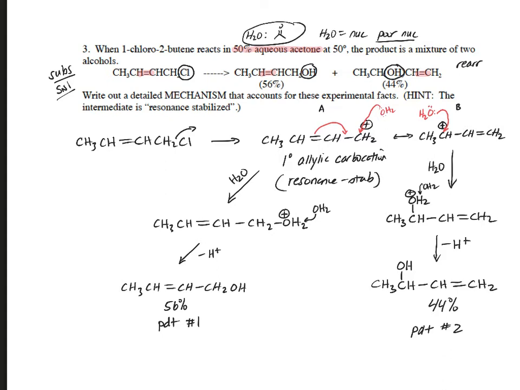In product number 1, my alkene is di-substituted, and so it's more stable. And so that is going to be a little better than product 2, where my alkene is mono-substituted, not quite as stable. And so it's not going to be as favored.